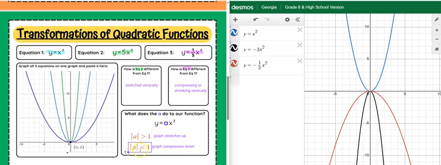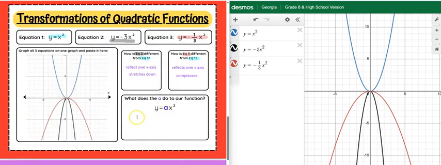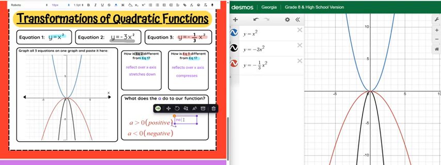The numeral part tells us about stretching or compressing, and the negative part flips it upside down. So if A is greater than 0, so it's positive, or if A is less than 0, so it's negative, our graph is going to flip or stay the same. There is no reflection if it's positive, and if it's negative, it will reflect over x.